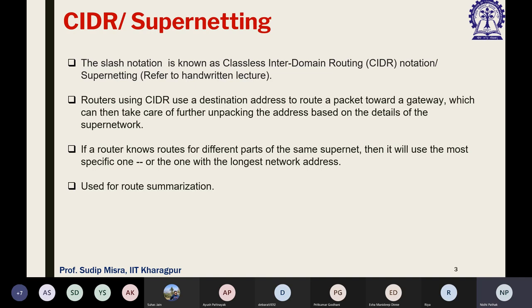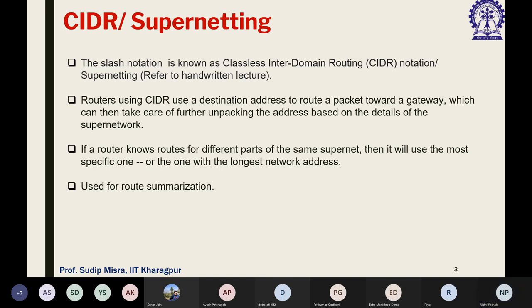What are those conditions? The first condition is whether it is contiguous. The next one is the size of the network, which should be a power of 2, 2 to the power n. The third condition is whether the first network address is divisible by 2 to the power n.